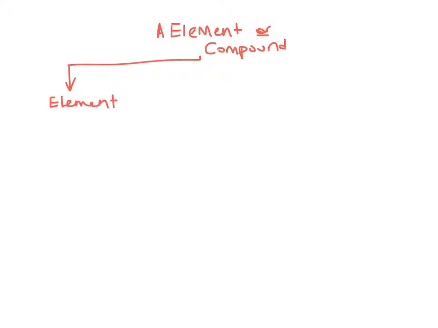If it's an element, so A, we're going to look at an element. You're going to look at it, is it a Hofbrinkel or is it not? Okay?